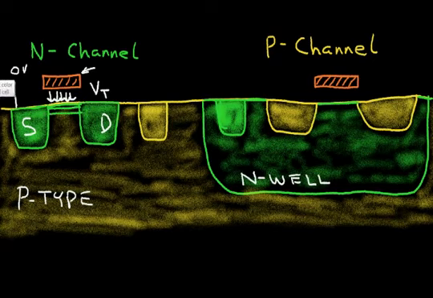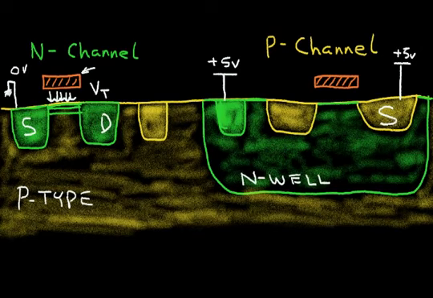Now, a similar thing happens with the P channel, except the voltages are reversed. So instead of having the source at ground, we're going to have the source at a high voltage. We're going to have this at plus 5 volts. And we're going to have the N well also at plus 5 volts.